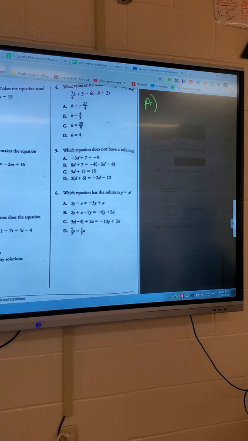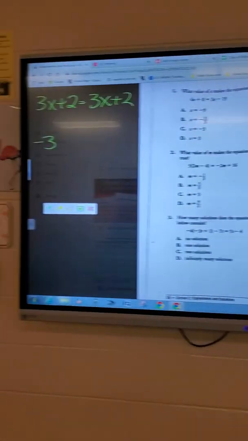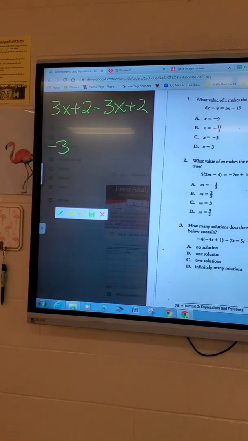Here's how you can tell if it's going to have no solution. Here are some shortcuts for you. You ready? Tell me how many solutions does that have? Many. This one has many.